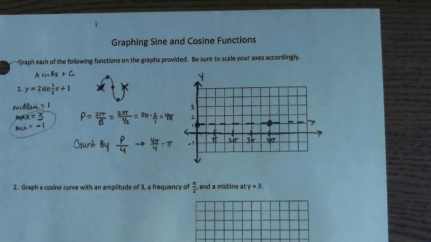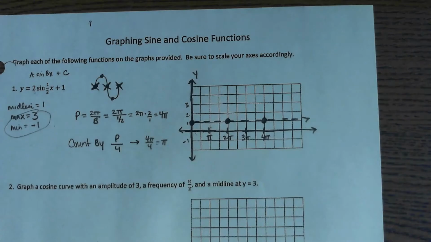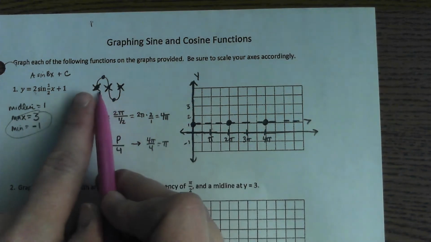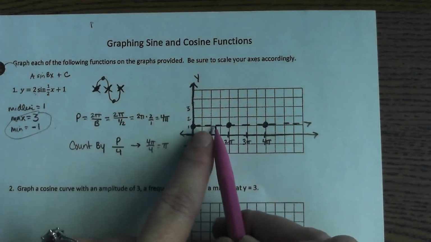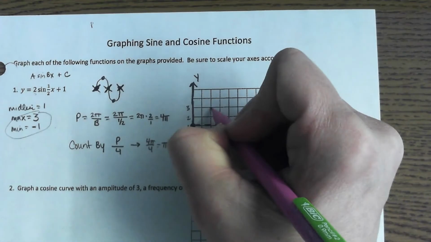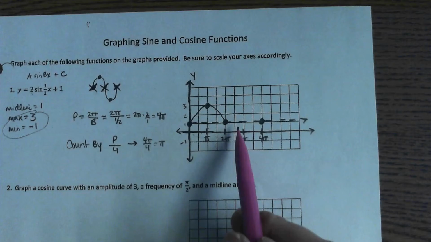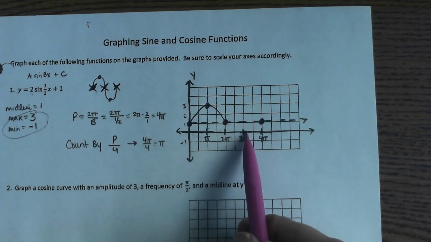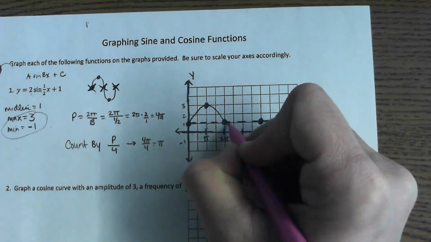And halfway in between there, we hit the midline again. That's happening at 2 pi. And then halfway between those first 2 midline values, we're going to hit our maximum, so that'll be at 1 pi. We hit our maximum of 3. And then halfway between 2 and 4 pi, which is an easy 3 pi, we hit our minimum of -1.